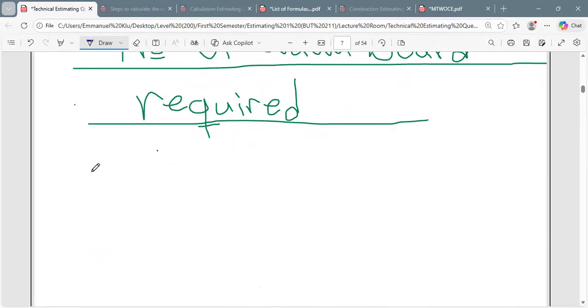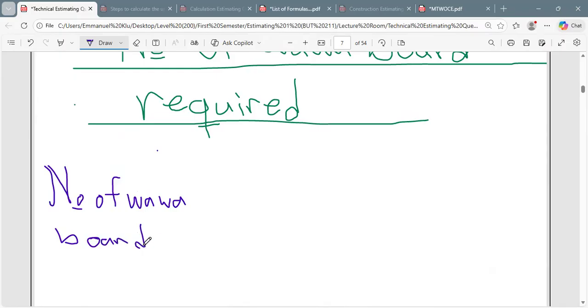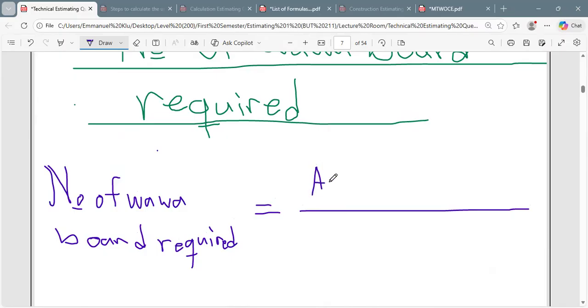Let's proceed. So the number of Wawa board required is equal to the area of hoarding, all over what?